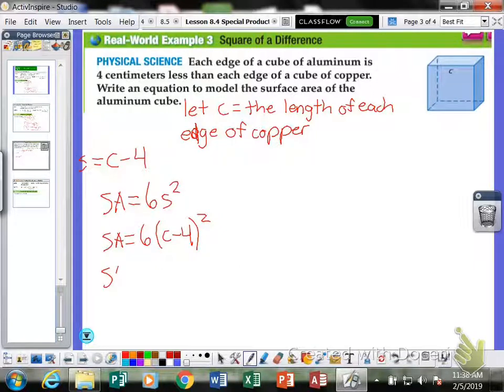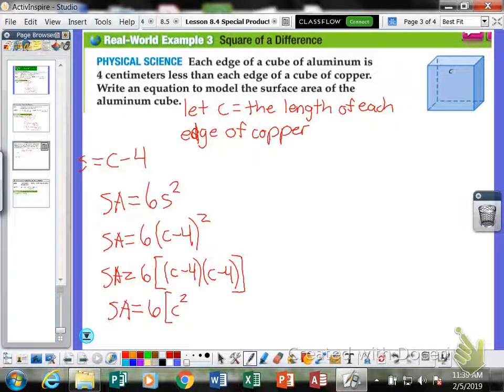Okay, so now we solve. Surface area equals 6, and I'm going to use a bracket here. I have C minus 4 times C minus 4 because it's C minus 4 squared. When it's squared, we can break it up into two separate quantities. I get surface area equals 6 times C squared minus 4C minus 4C plus 16.